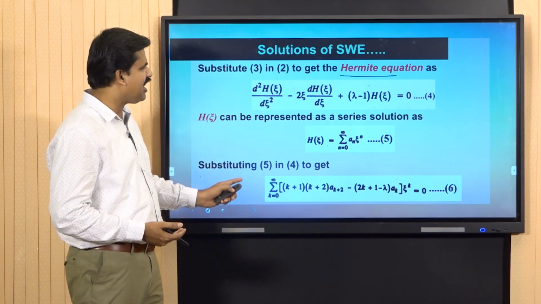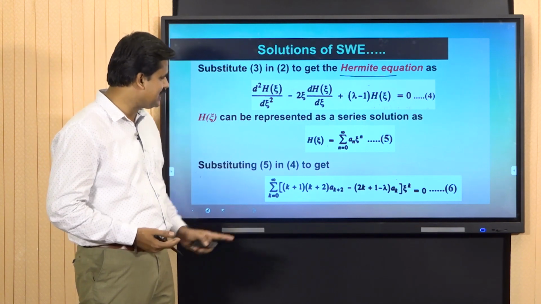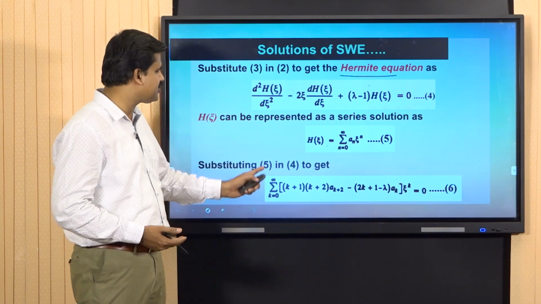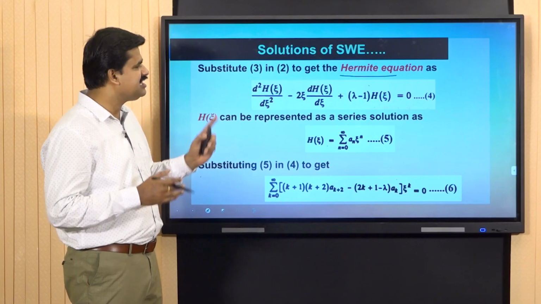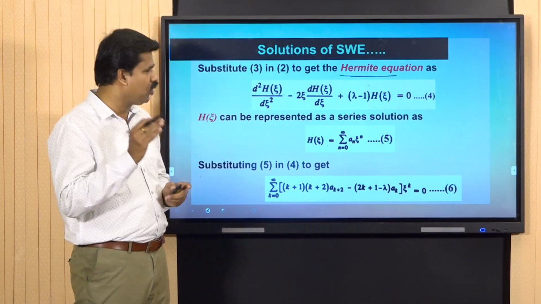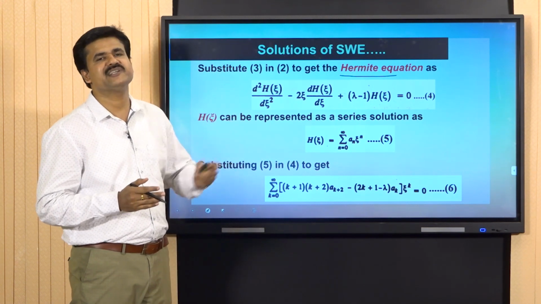Substituting the value of equation 5 in equation 4, we get a result that is summation k is equal to 0 to infinity, k plus 1 into k plus 2, ak plus 2, minus 2k plus 1 minus lambda, ak psi raised to k is equal to 0. This is obtained as a result of substitution of equation 5, which is a summation term, in equation 4.